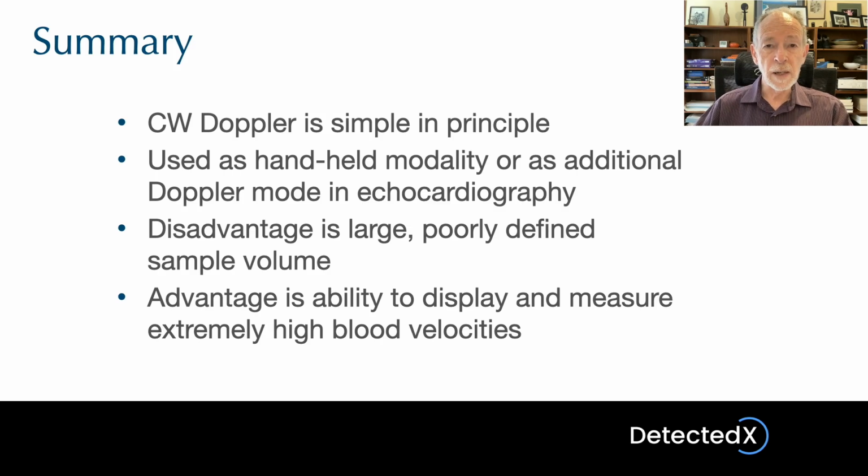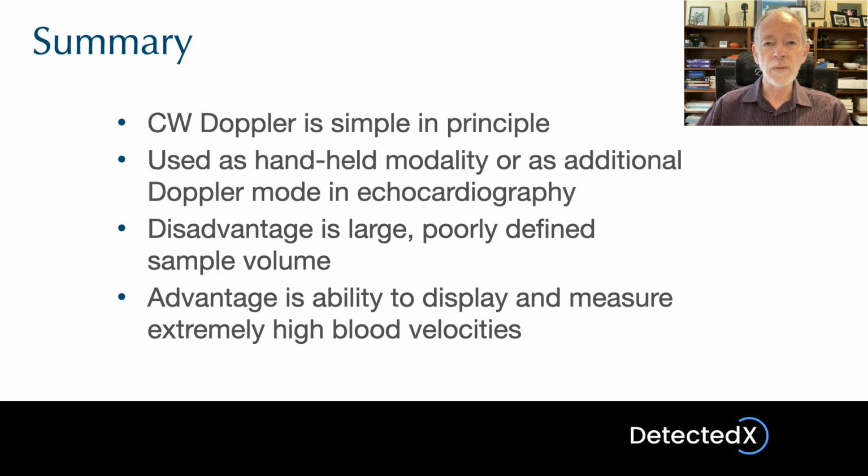The big disadvantage, if you like, of CW Doppler is the large, poorly defined sample volume. Now, for handheld measurements, this can be a convenience because it means that the positioning of the probe is not critical. But, of course, you're not able to selectively get the signal from a well-defined small volume. That's where pulse Doppler comes in, as we'll see.